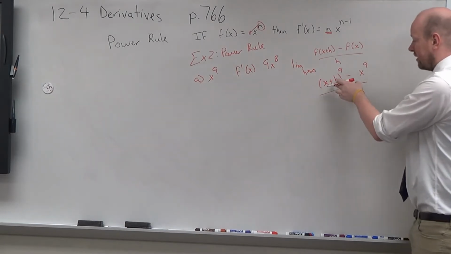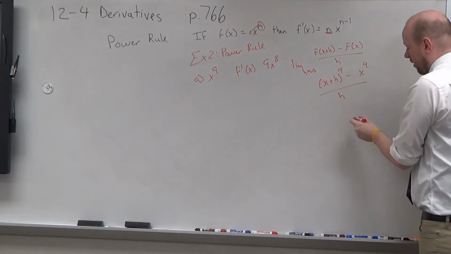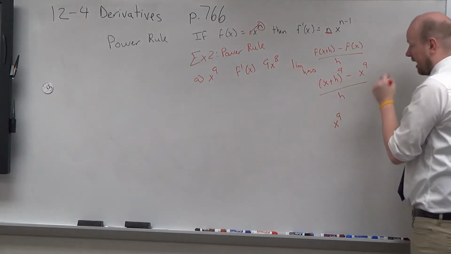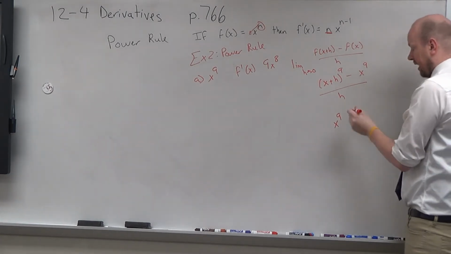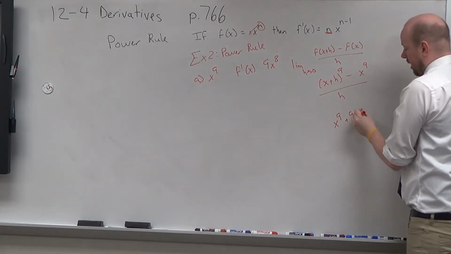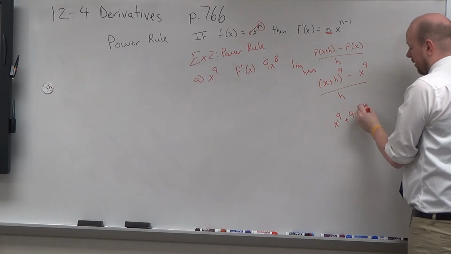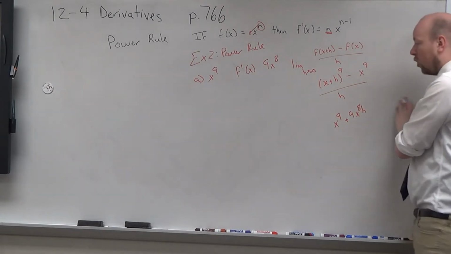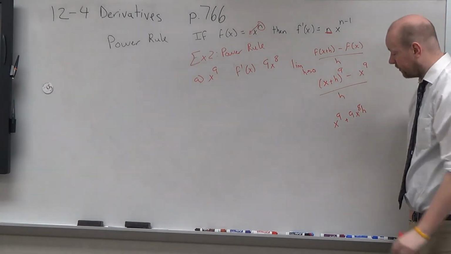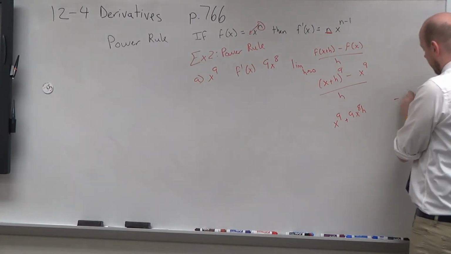But what happens is I end up with x to the 9, I get 9x to the 8th h, and then I get a whole bunch of terms that are going to have h. And I'm going to have to minus x to the 9.